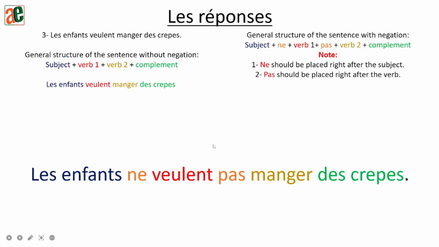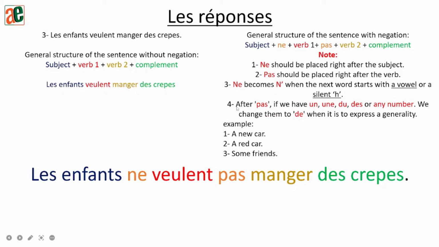So, les enfants ne veulent pas manger des crêpes. Ne becomes an apostrophe when the next word starts with a vowel or a silent h, but in this case, after ne we have a consonant, so we keep it this way.